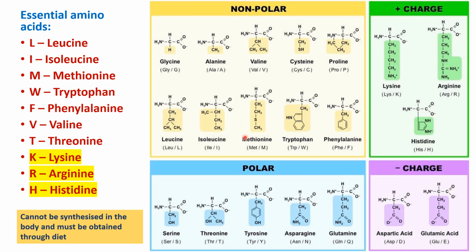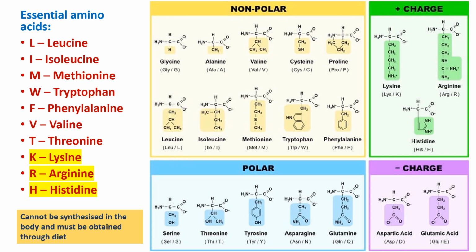So leucine, isoleucine, methionine, tryptophan, phenylalanine. All of these are essential. And in this first set, it is valine only. So we have the basic amino acids, then we have valine and threonine. So these are the 10 amino acids that we have to remember that they are essential amino acids. That is all. So simple.